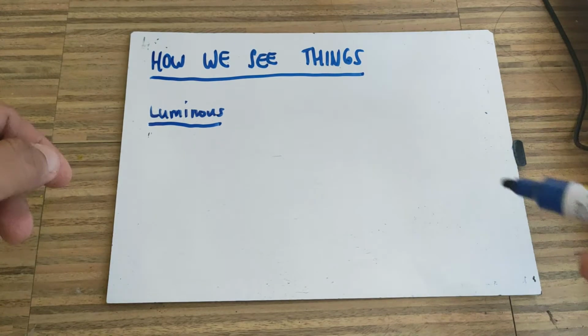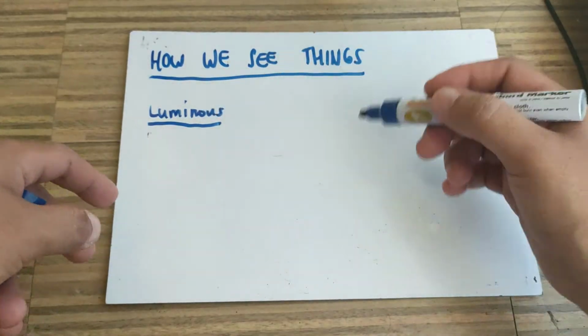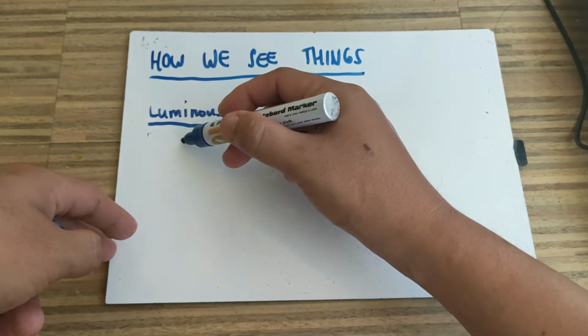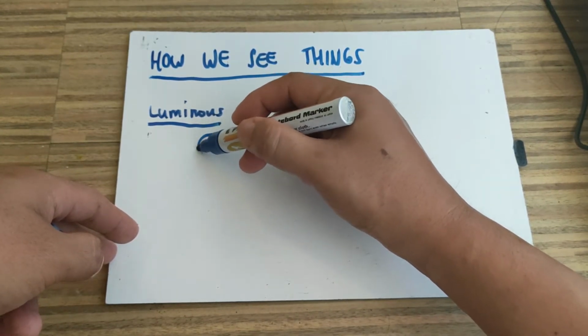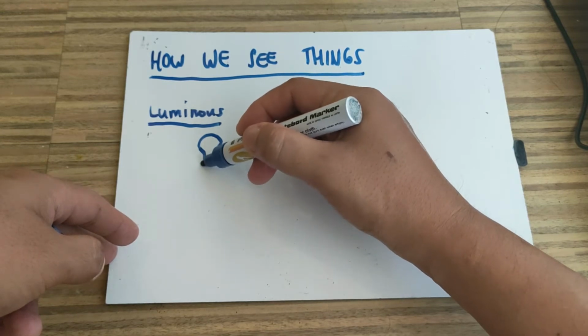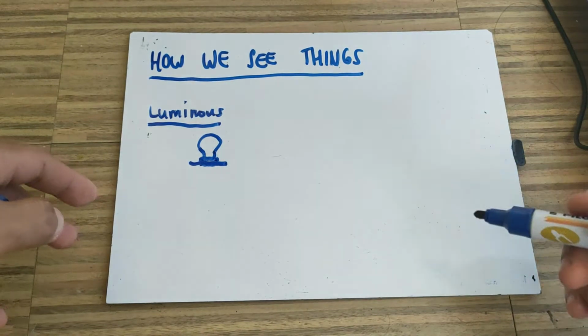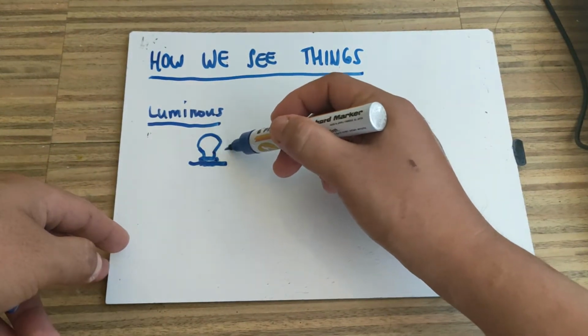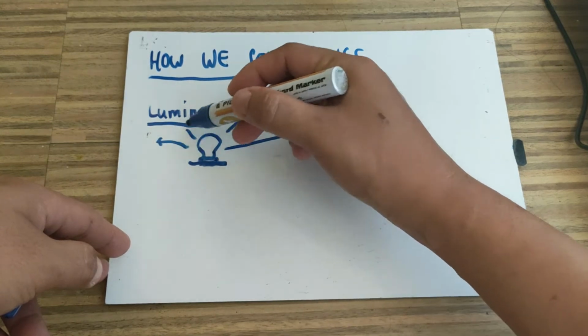We know that we have our sense of sight, and that involves our eyes. So if you have, for example, a light bulb, and obviously that light bulb is luminous in nature, it sends light rays through all directions.